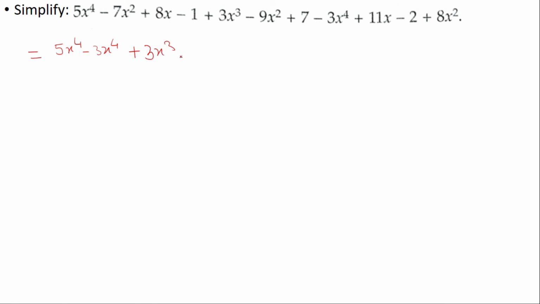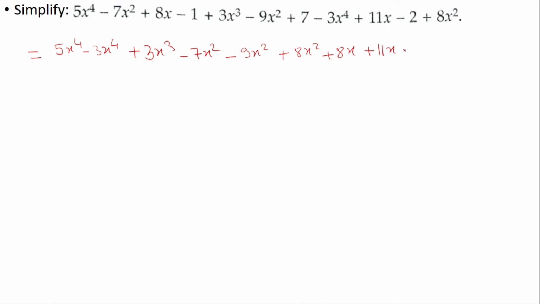Next minus 7x square minus 9x square and plus 8x square. Now we will search for a term having single x. So plus 8x plus 11x. Now we will write all the numerals.